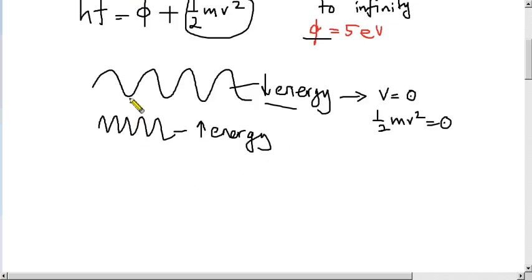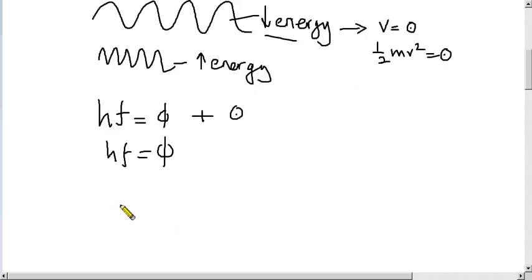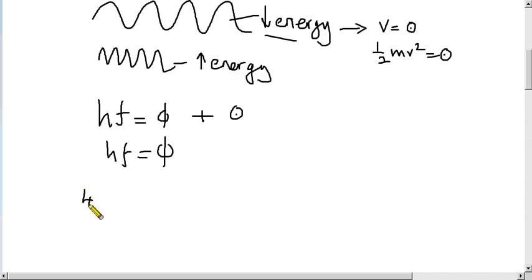So we can use hf equals 5 plus 0. Then we don't have to write 0. Then hf equals just 5. So we have to use this equation now. H is given as 4.1 times 10 power minus 15.